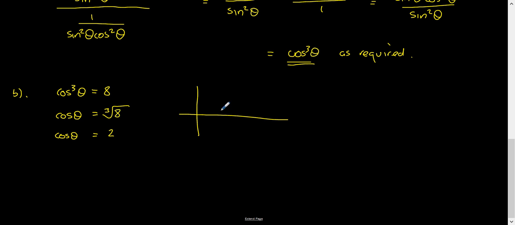And we know from our cosine graph, it only exists between 1 and minus 1. So for cos theta to equal 2 is impossible.